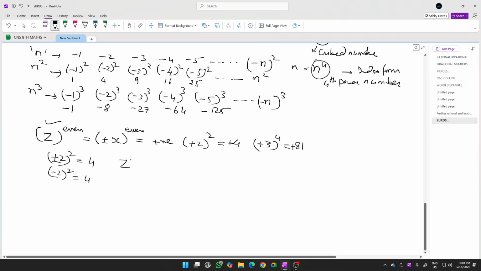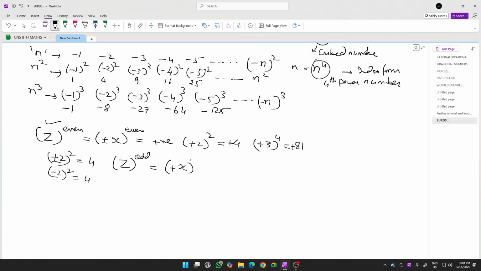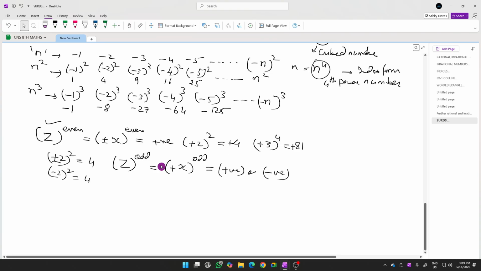But if z is raised to an odd, now what will happen? If it is a positive number raised to say some odd number, then the answer will be either positive or negative, isn't it? Let us check.